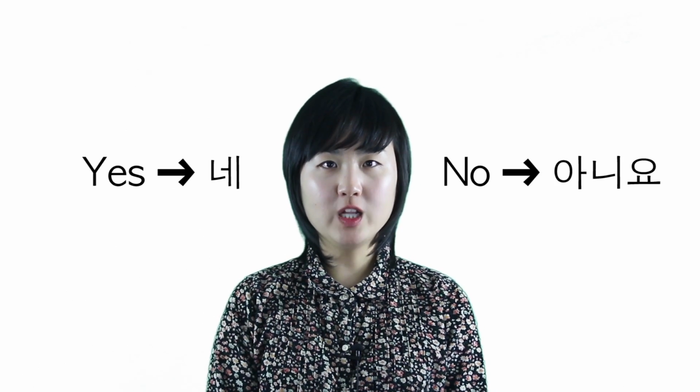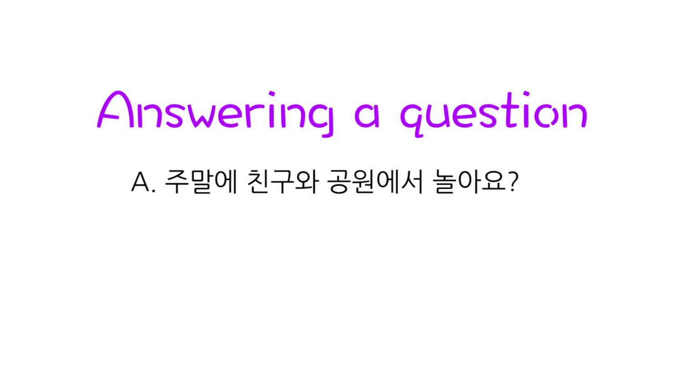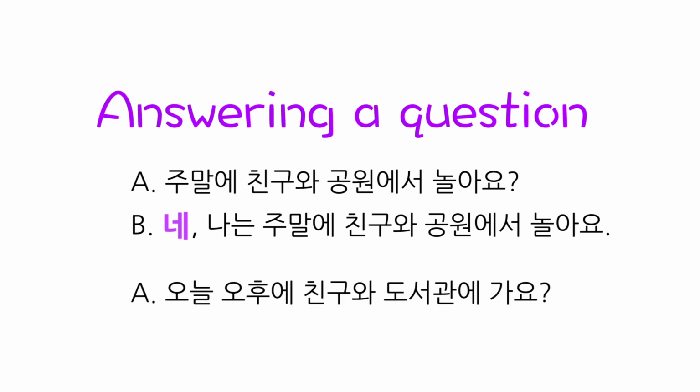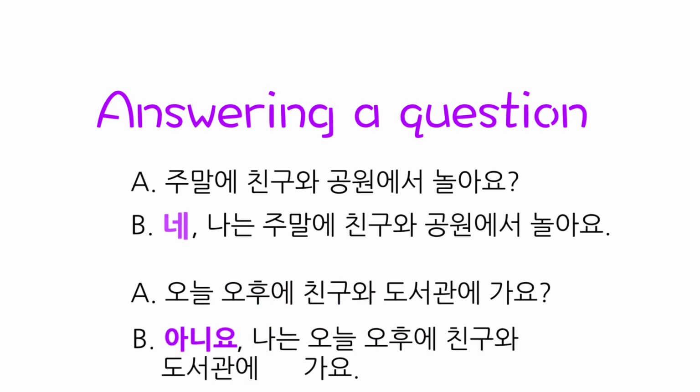Let's take a look at the following dialogue. 주말에 친구와 공원에서 놀아요? 네, 나는 주말에 친구와 공원에서 놀아요. 오늘 오후에 친구와 도서관에 가요? 아니요, 나는 오늘 오후에 친구와 도서관에 안 가요.